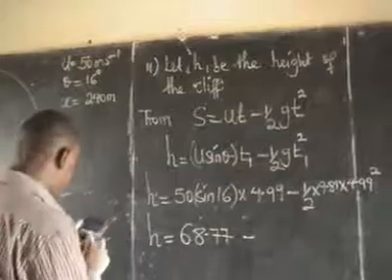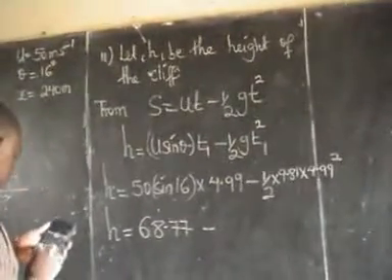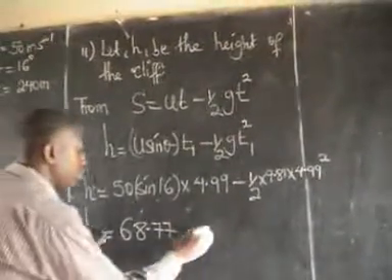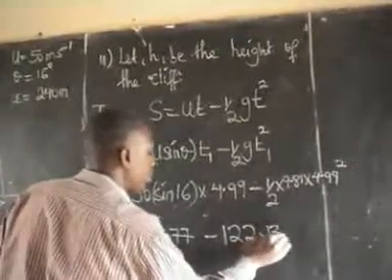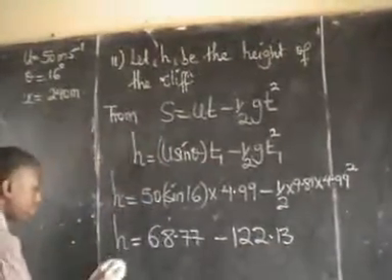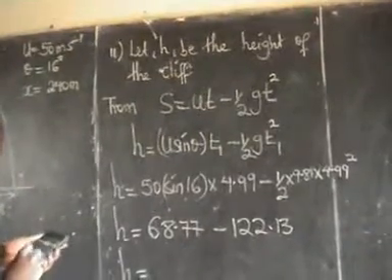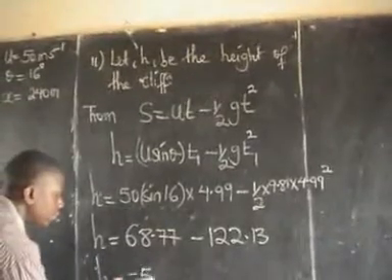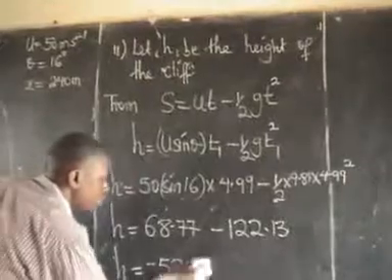minus, bracket, so this is 122.13. Now when you substitute, you get negative 53.36.